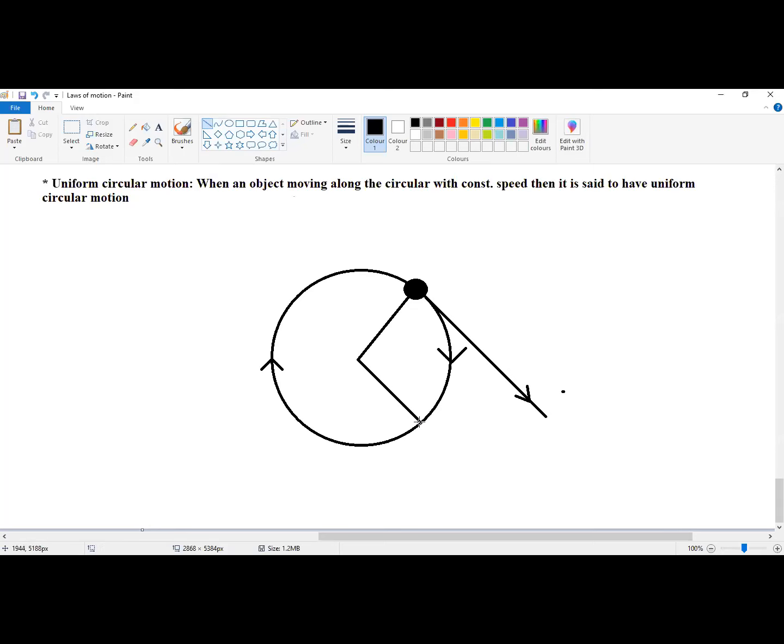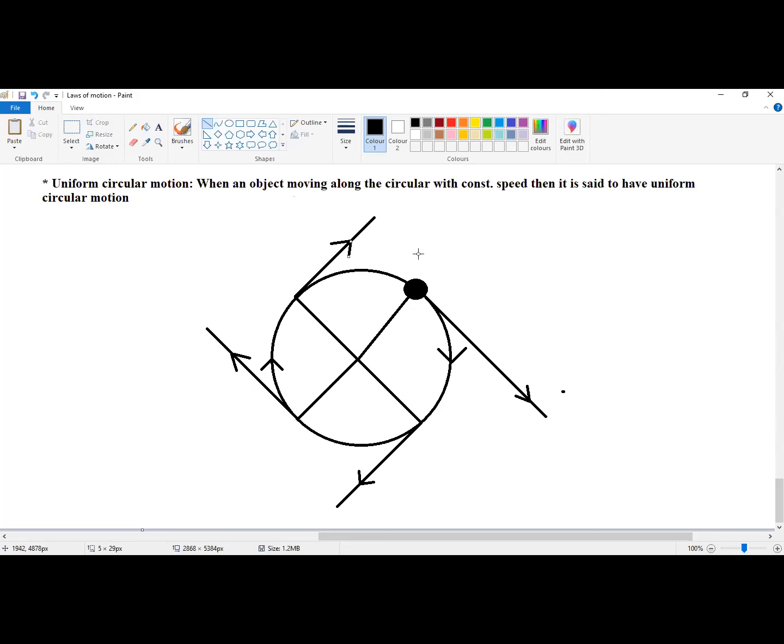If I draw a tangent to this point, then its direction must be somewhere here. If the stone is somewhere here, its direction must again be tangential, so it will move in this direction. If the stone is somewhere here, where will it move? Again in a tangential direction, somewhere here.